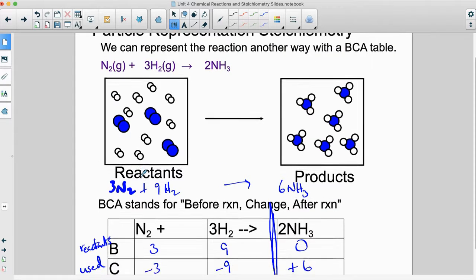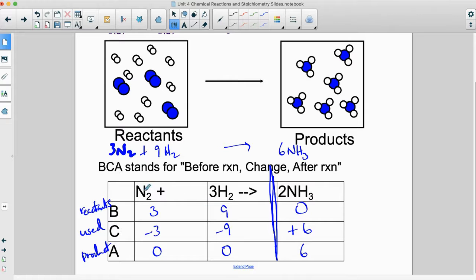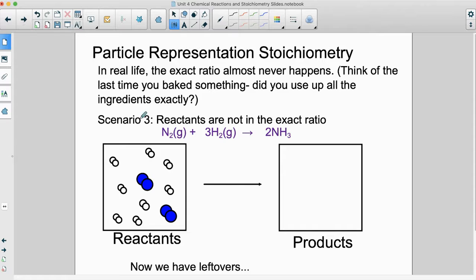Things rarely react in a way that we have exactly 1-to-3, or whatever ratio of the reactants we're supposed to have. So rarely do we have 0 for both of the reactants.